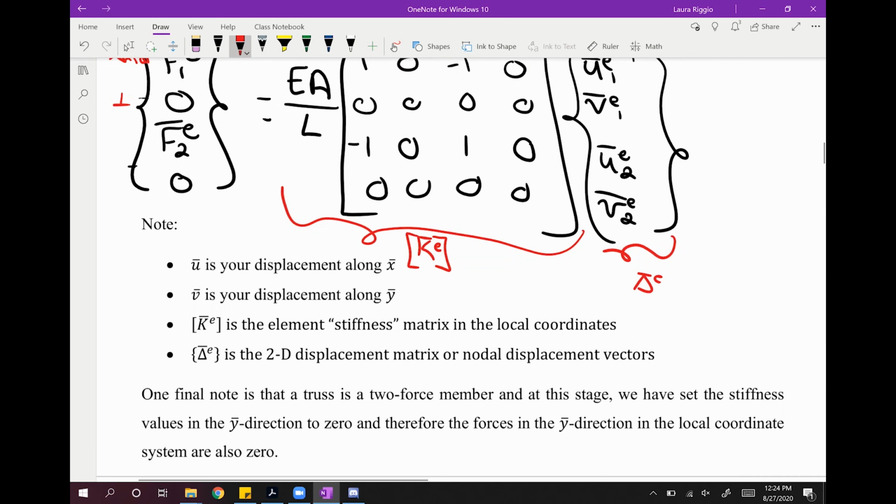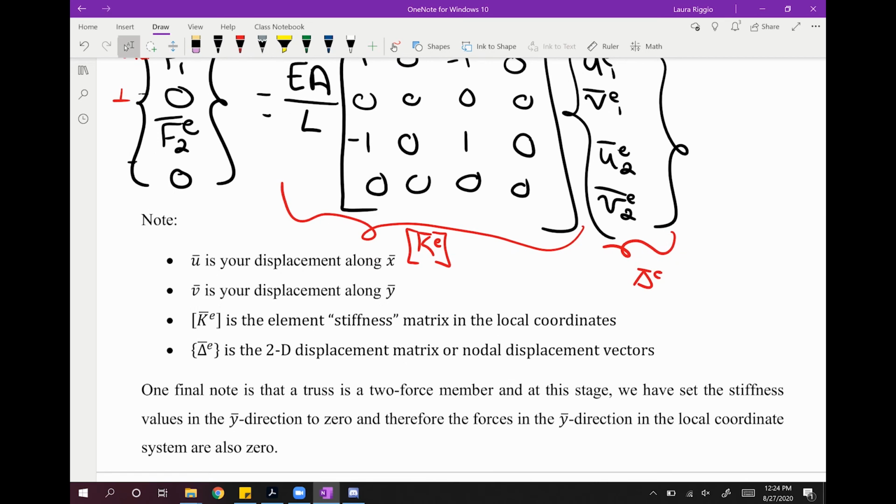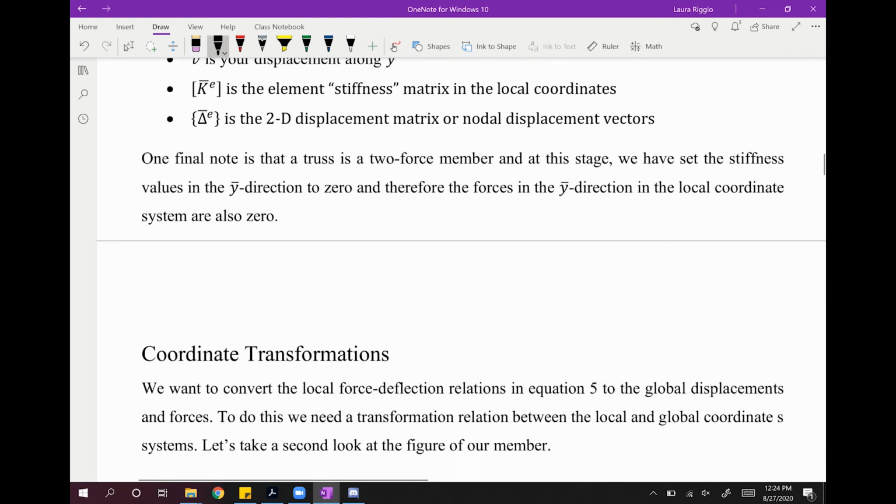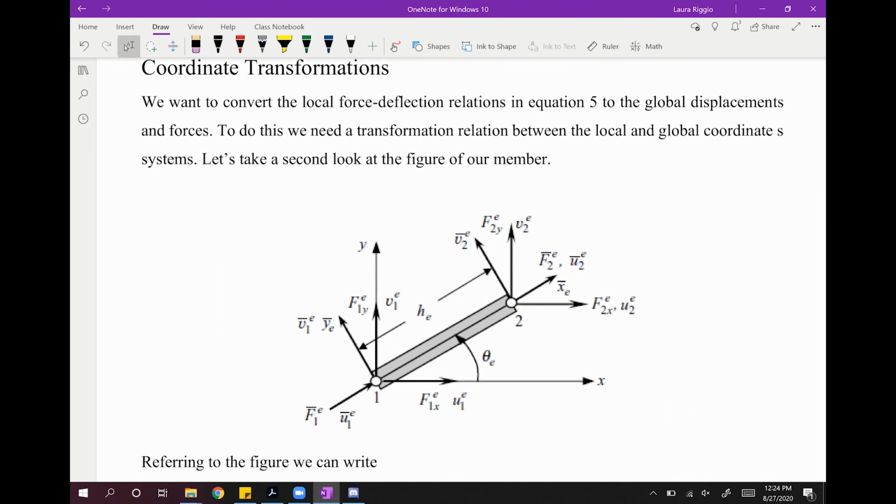Again, as a reminder, a truss is a two-force member, and at this stage we're setting the values in the Y direction to 0 because trusses cannot have perpendicular forces, so there's no Y bar forces in the local coordinate system. Well, that's great. We can do a calculation for a single truss member, but when do we really have a single member truss?